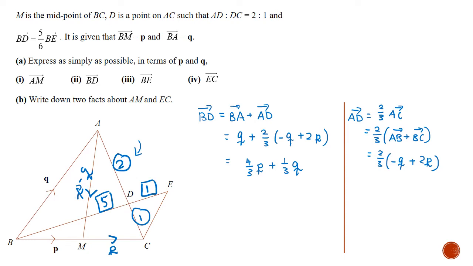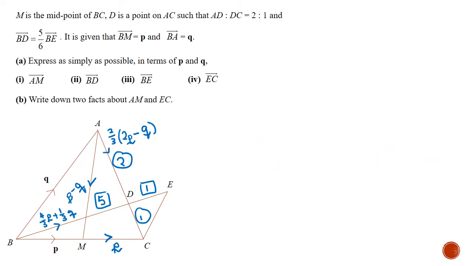Next, we are asked to find vector DE in terms of vector P and vector Q. So what is the most straightforward path to go from B to E?